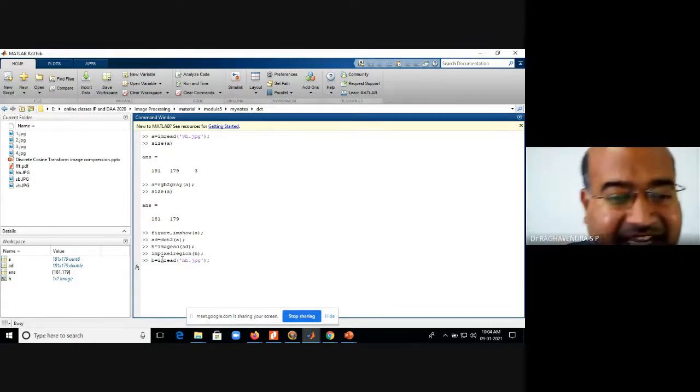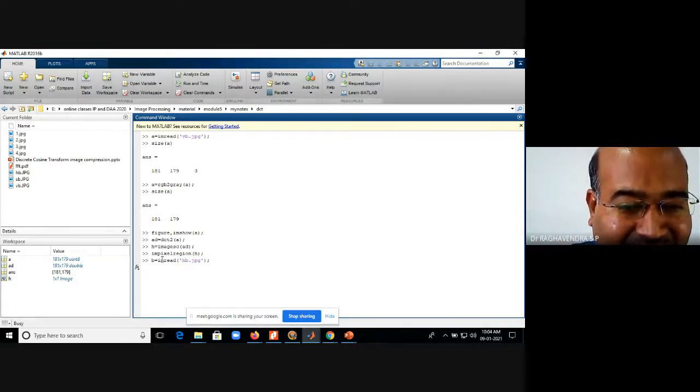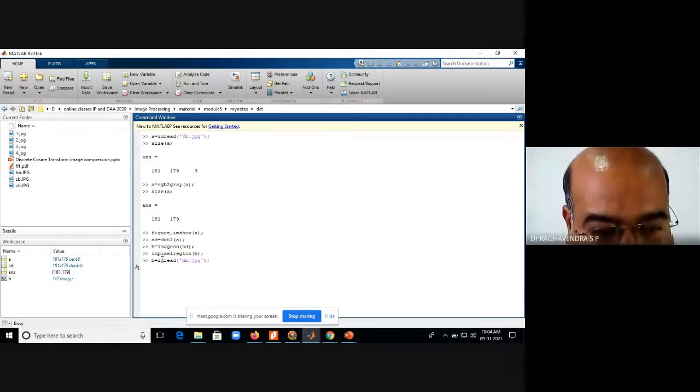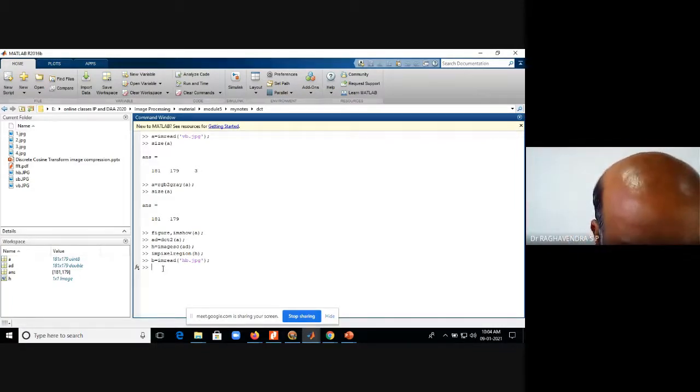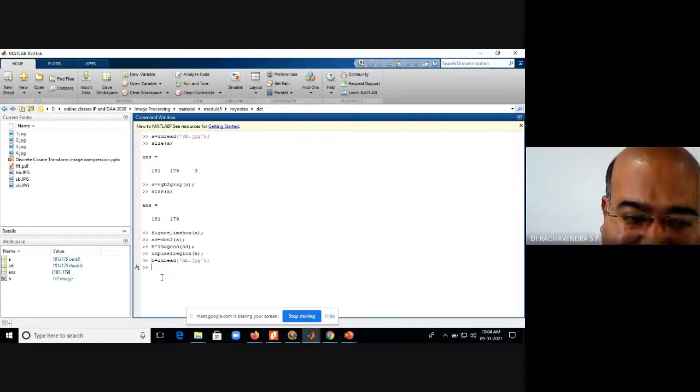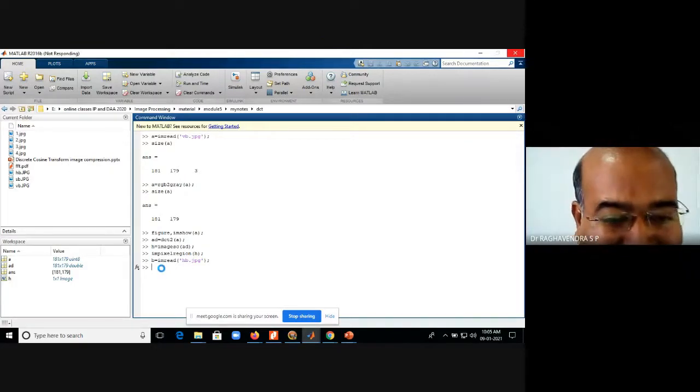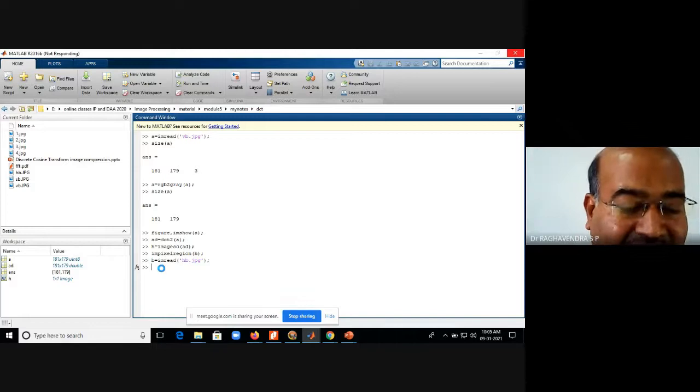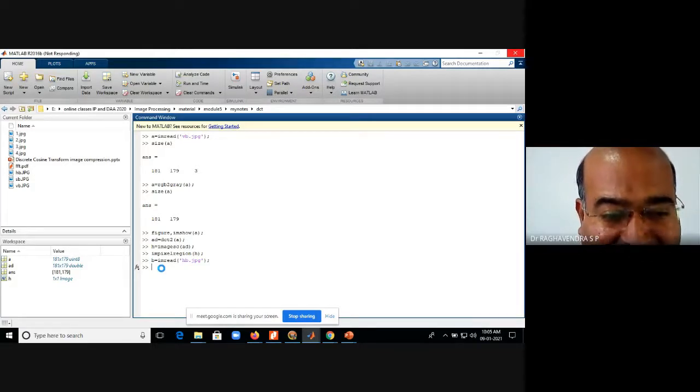Can anybody tell me this image B, in which type of mode is it, whether it is an RGB image or an intensity image? At the beginning, whenever you consider an image, it will be in grayscale mode or in RGB mode.